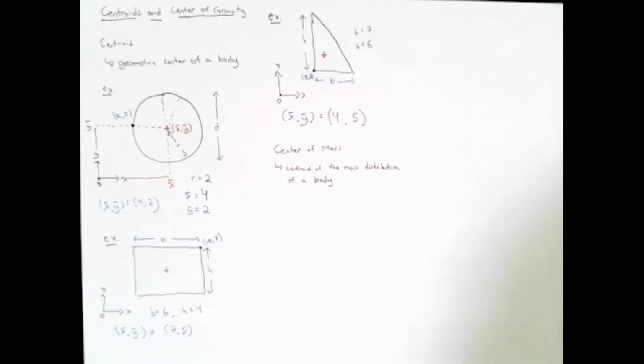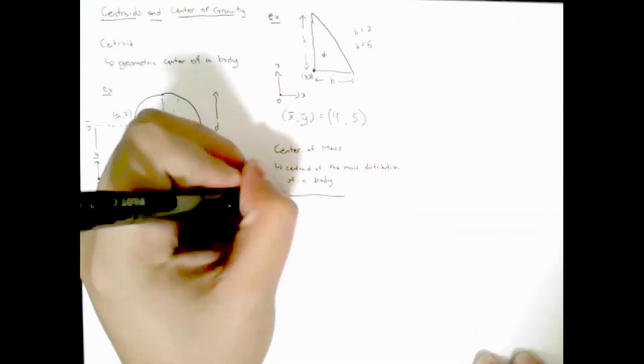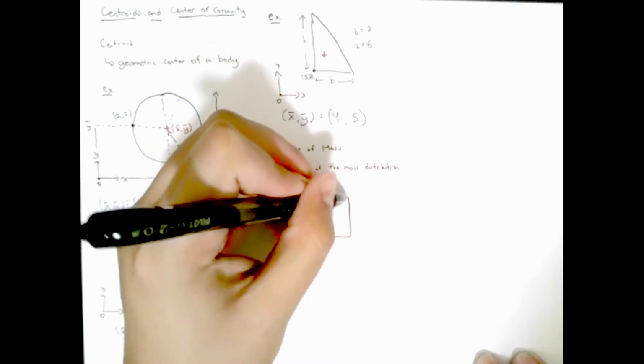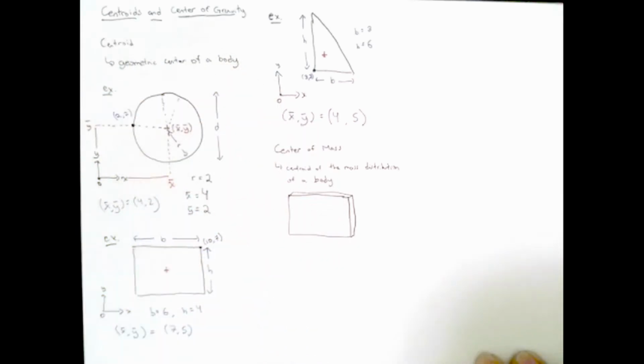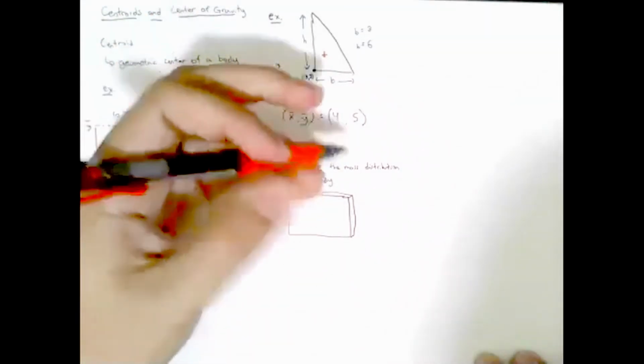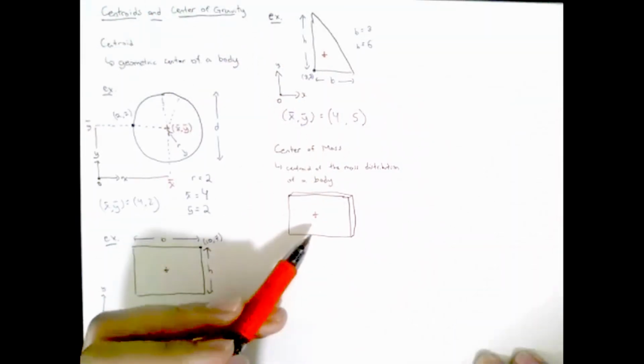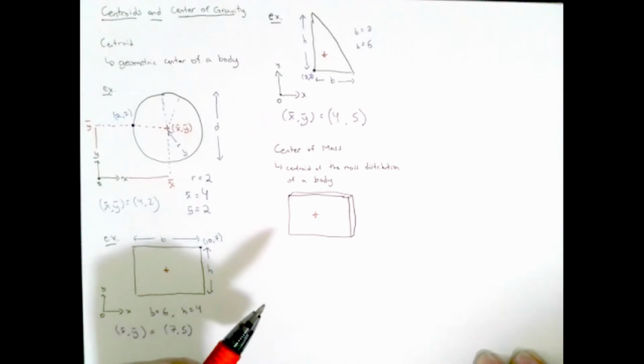Now, just by a bit of intuition, you may think that centroid and center of mass should essentially be the same, but that really depends on the density of a system or the density of a body. For example, if I had a homogeneous rectangle, let's say a rectangular steel plate whose density is constant throughout, then I can safely say that the center of mass will be at the same location as the centroid.